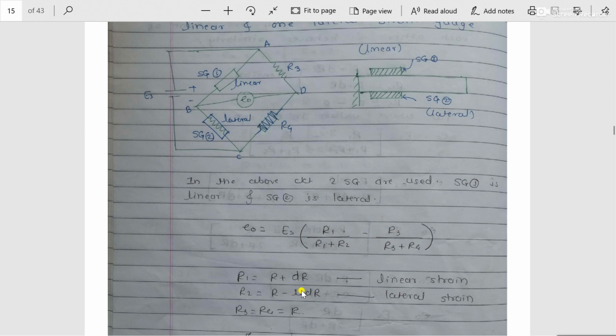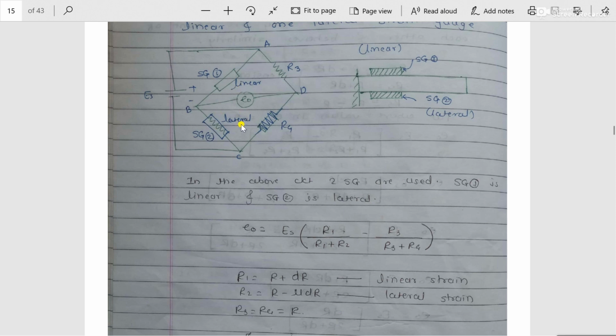But in addition to that, whatever change in resistance we have calculated for strain gauge 2, I have to multiply that change in resistance by mu, because the second strain gauge is subjected to the lateral strain. Therefore wherever strain gauges are pasted in a Wheatstone bridge circuit, I have to check whether that strain gauge is a linear strain gauge or a lateral strain gauge.